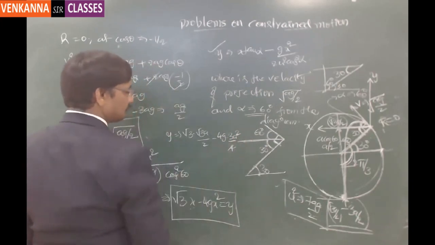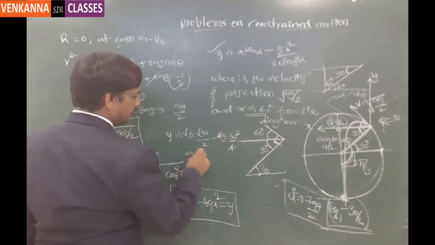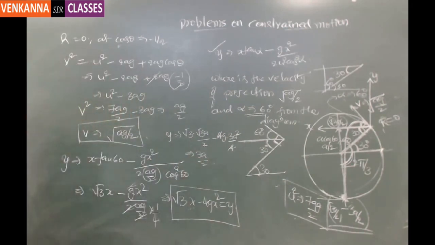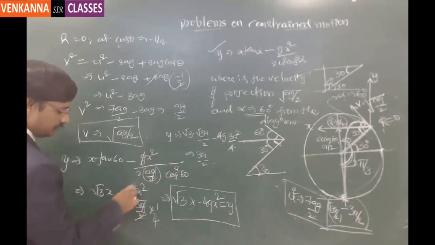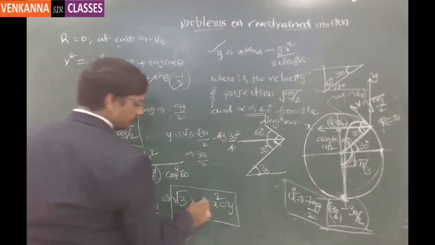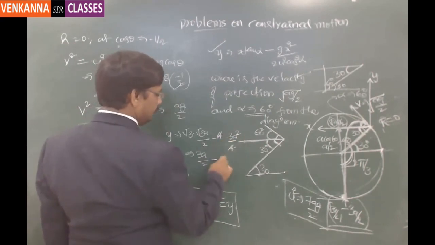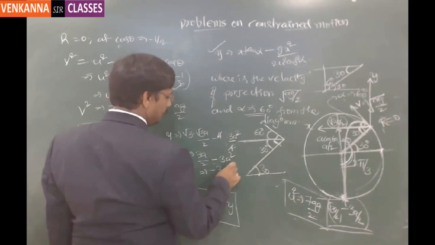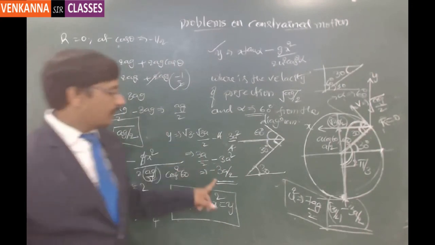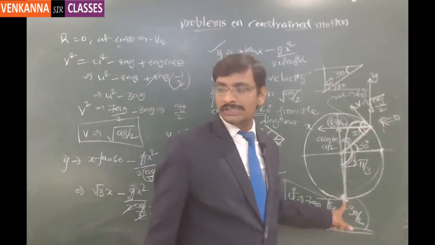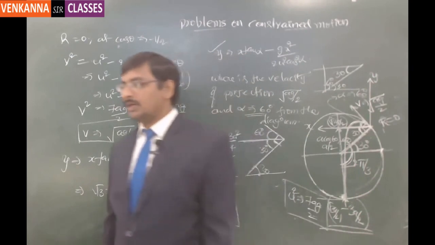So this 4 will cancel, and g will cancel, and here 4x² is going to be 4 times 3a² by 4, so this is going to be minus 3a by 2. So when I substitute x is equal to root 3a by 2, we have got the value of y, which is equal to minus 3a by 2, which is the coordinate of the minimum most point of this particular sphere. Got it? Understood?